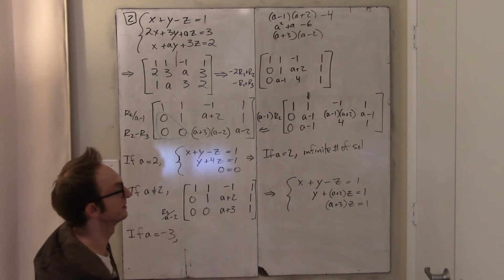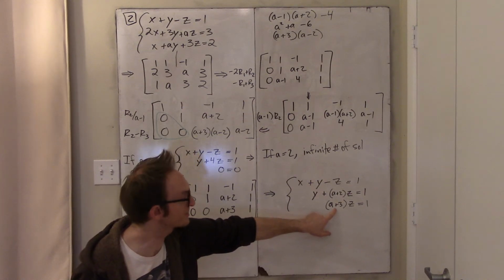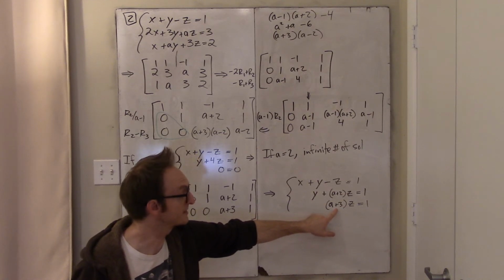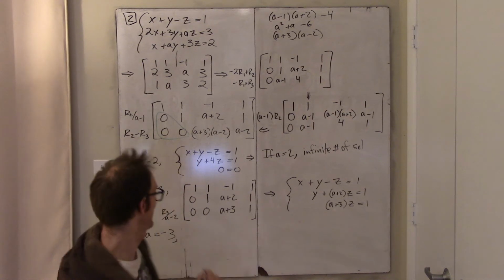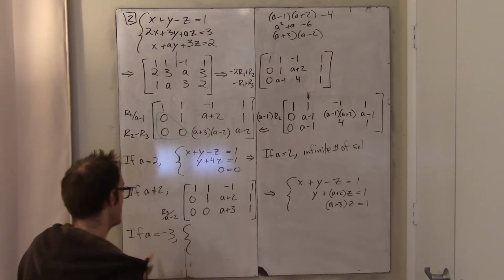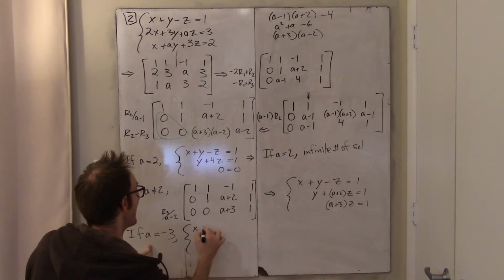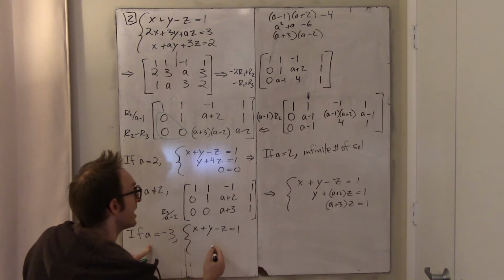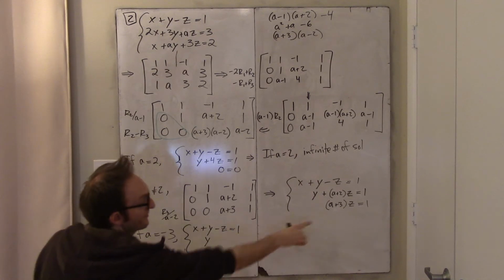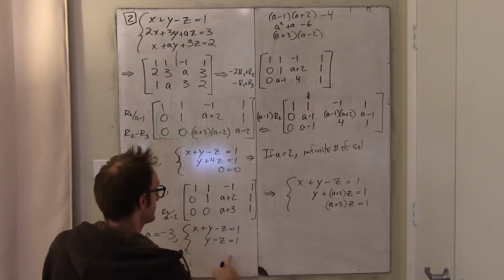Because if A is negative 3, then the final row of this matrix here is in fact just 0, 0, 0, 1. Alternatively, we could look at this representation here and see that if A is negative 3, then the final equation is just x plus y minus z equals 1.